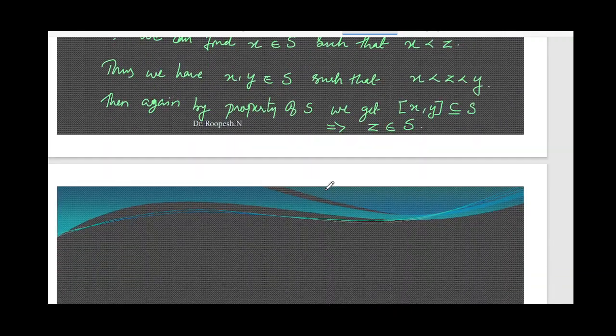Now z is an arbitrary element in (minus infinity, b).